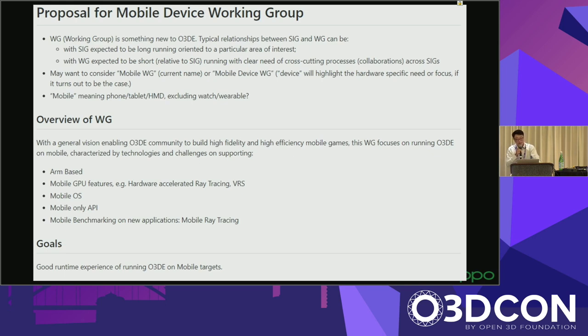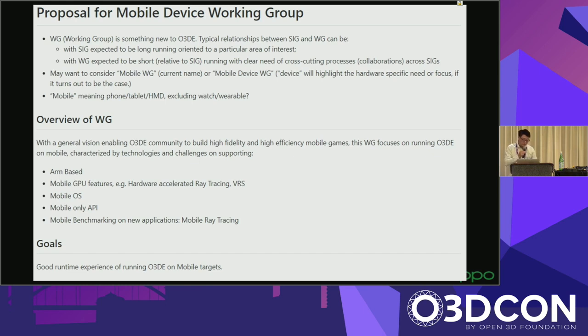It's not necessarily battery-powered, but it has to be ARM-based. And we need to utilize the mobile GPU features. And it should be on a mobile operating system. It should be a mobile-only API. If we want to support OpenGL ES, that's a mobile-only API. And we need to have mobile benchmarking on some new applications.